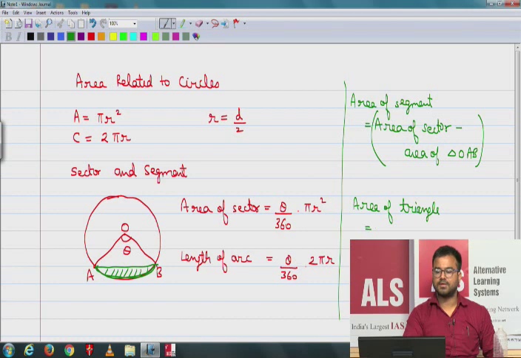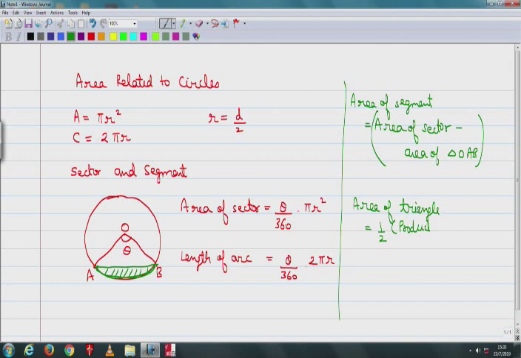It is half into product of sides into sine theta, where theta is the angle between the sides.